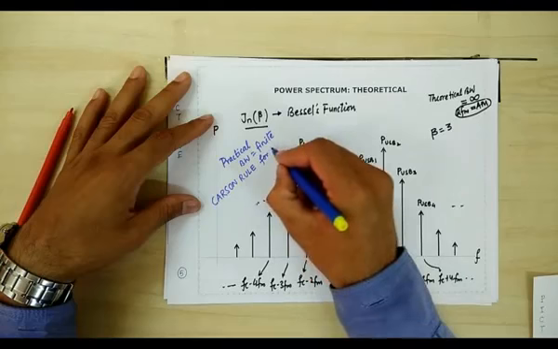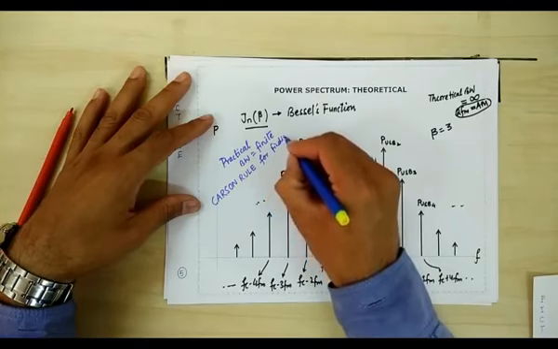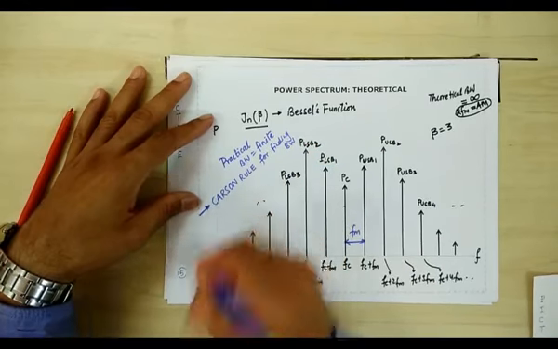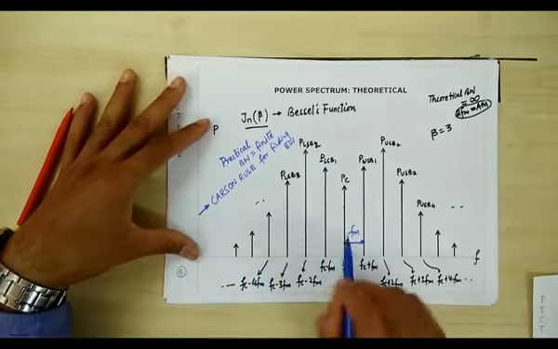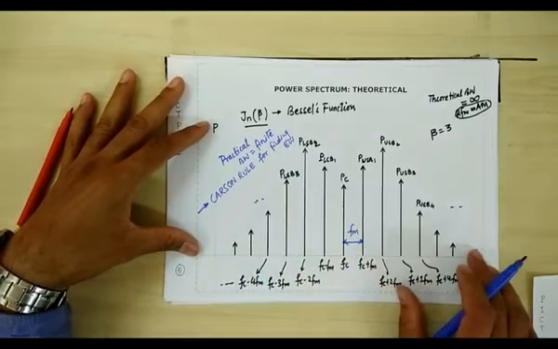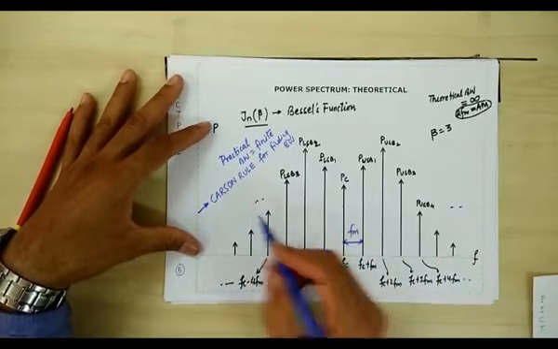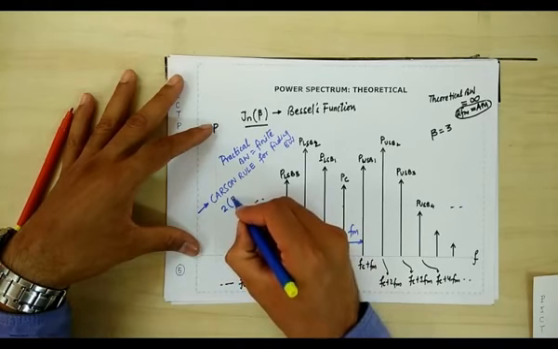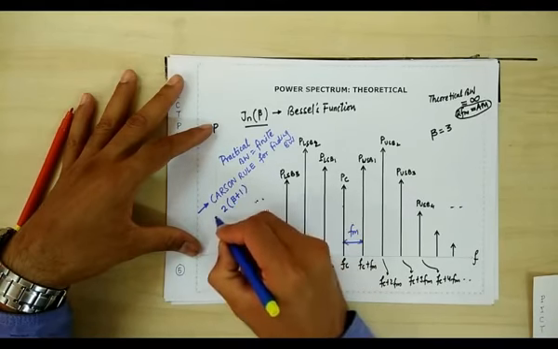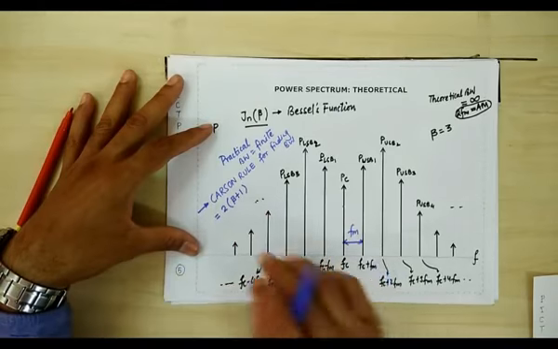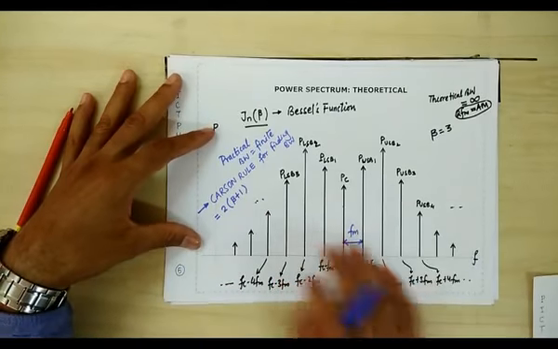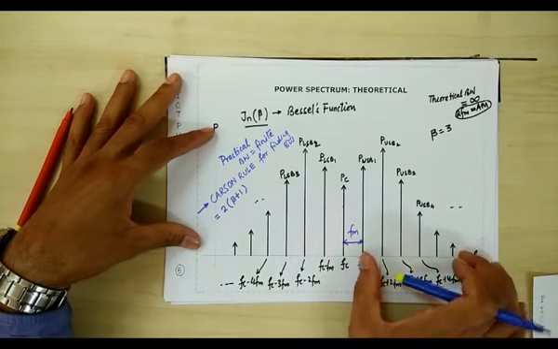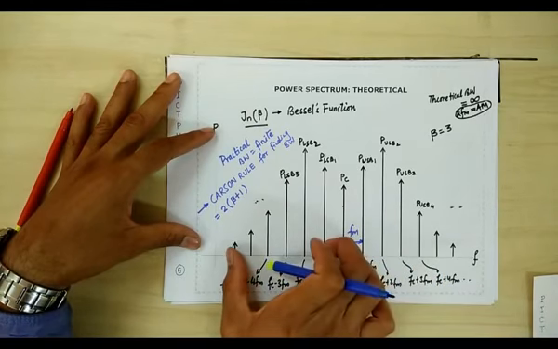What it says is that the number of significant sidebands is equal to 2 times beta plus 1. This is the total number of significant sidebands on either side of this FC. So beta plus 1 significant sidebands on this side, beta plus 1 significant sidebands on this side.